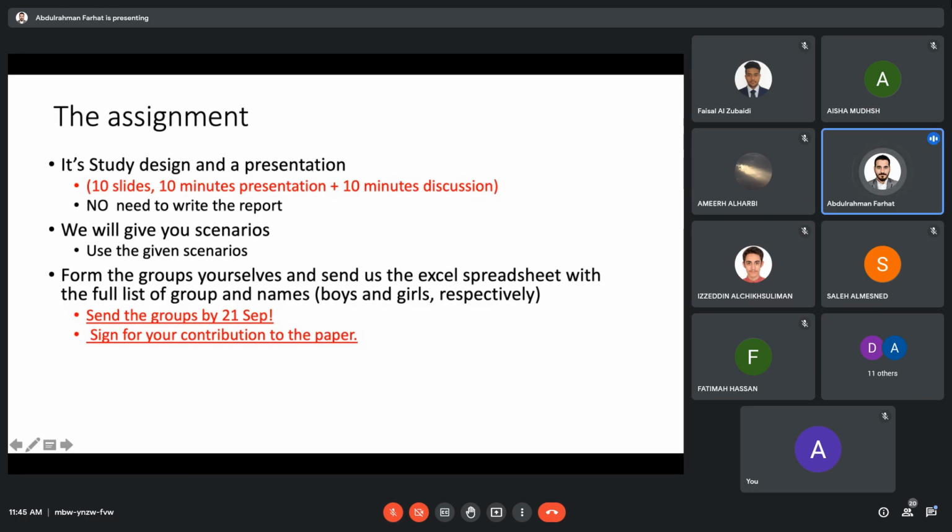Once you form the group, send us the groups by the 21st of September. So you have 6 days to form the group before you go on the National Day holiday. You will also sign your contribution to the paper. We have a paper that you will sign, but this will be at the presentation day.